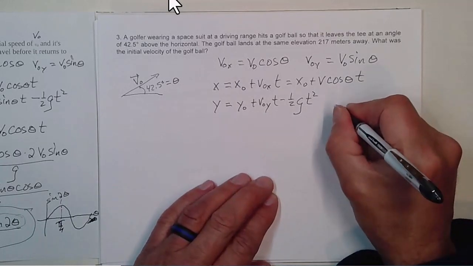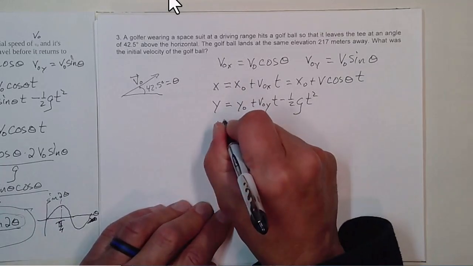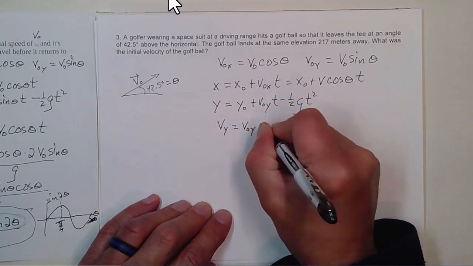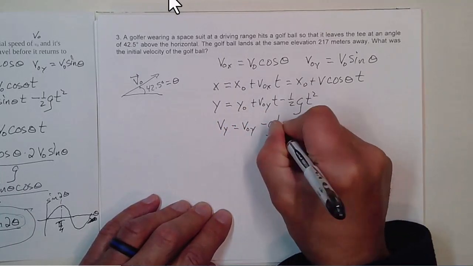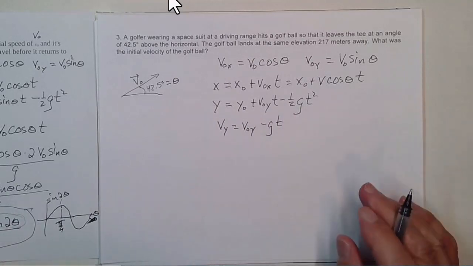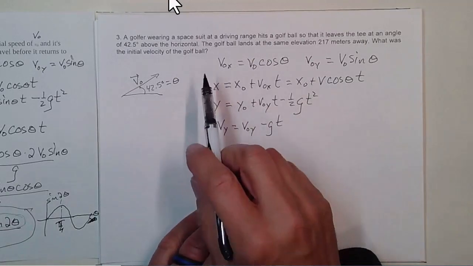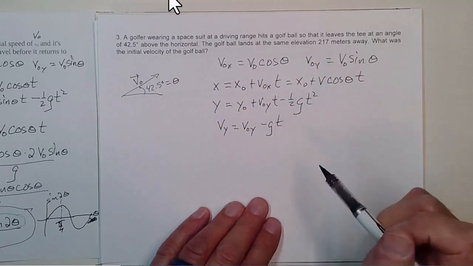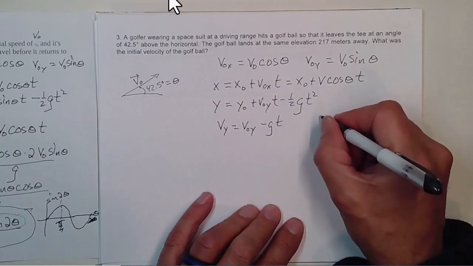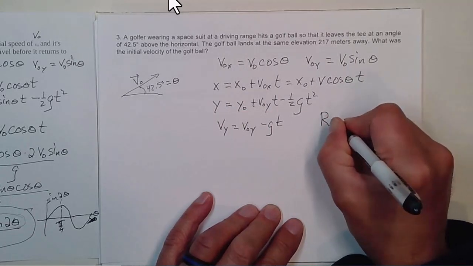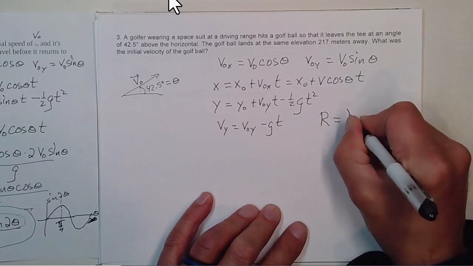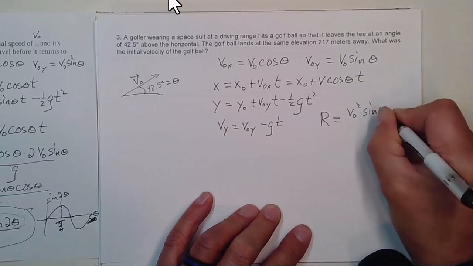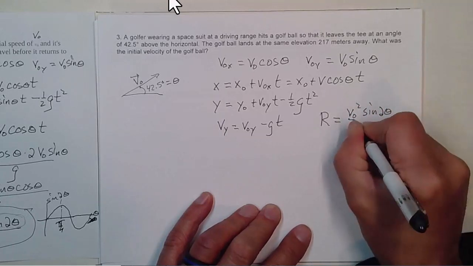And v sub y is going to equal v naught y minus g t. Now, we may not need these things, since we know the golf ball lands at the same elevation it took off from, so we can use this formula. The range of the projectile is v naught squared times the sine of 2 theta divided by g.